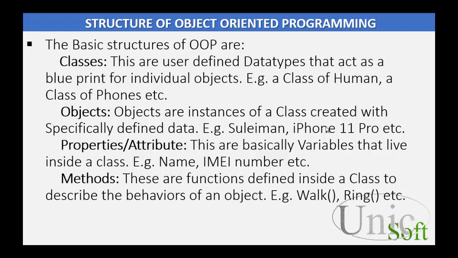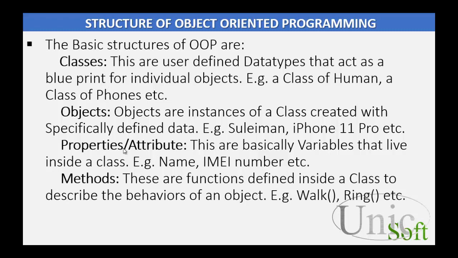I give another example here called iPhone 11 Pro as an instance from this class of phones. So this class of phones can stand as a place where all the properties and everything that can correspond to an iPhone are defined. Then you can see this iPhone 11 Pro as the real life iPhone with its properties and methods being defined in this class of phones.